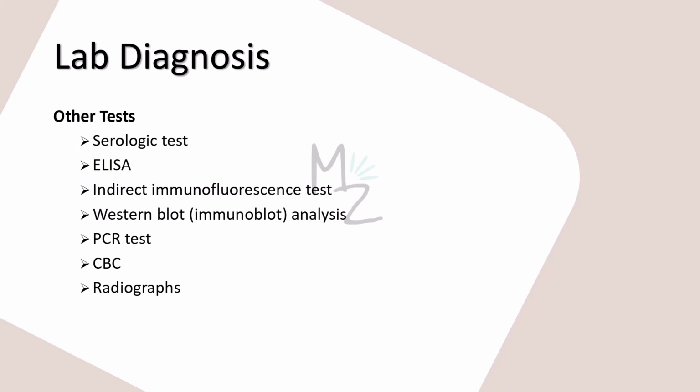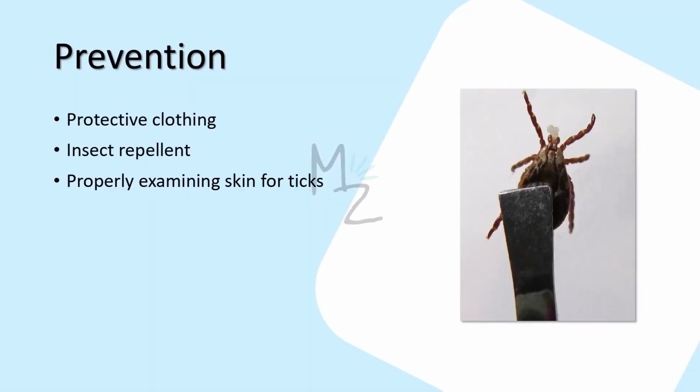We can also use Western blot or immunoblot analysis. Then we can go for PCR, CBC, the complete blood count, and radiographs are also performed. Prevention involves wearing protective clothing, using insect repellent, and properly examining skin for ticks. If a tick is found, it should be removed properly with the help of tweezers.